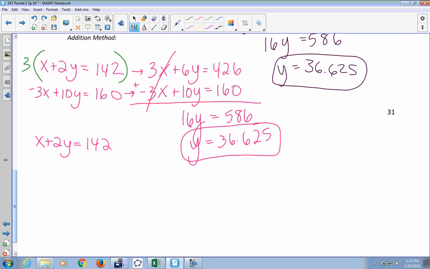Yep. Any equation that has both x's and y's in it. So I just randomly picked an equation. I replaced the y with 36.625, and when you solve for x, you should get 68.75.